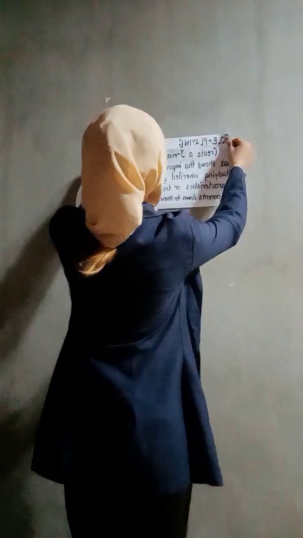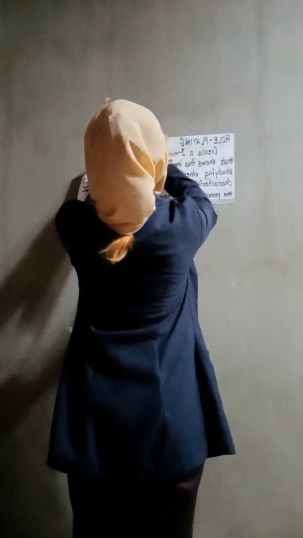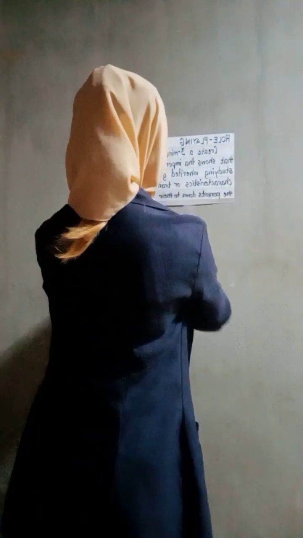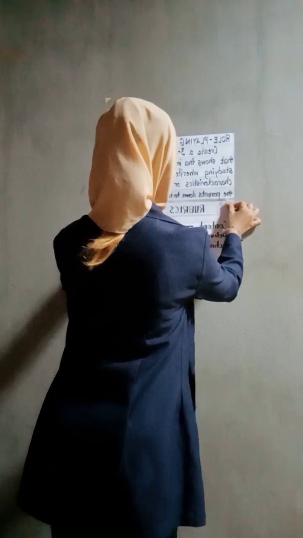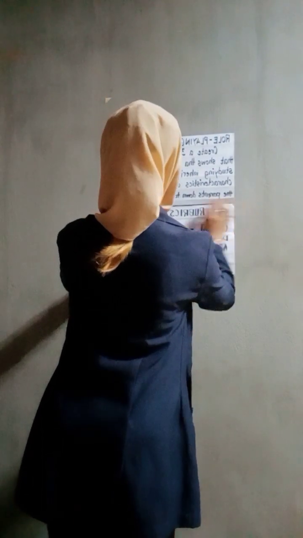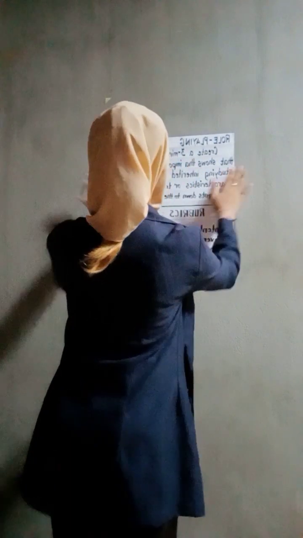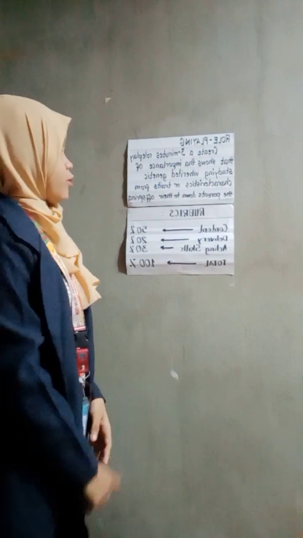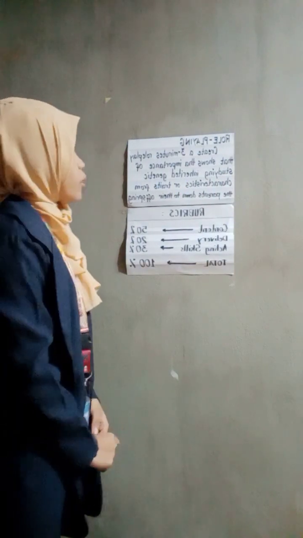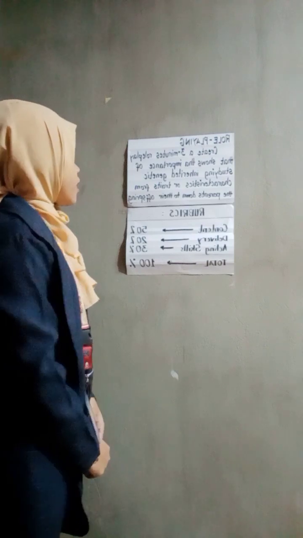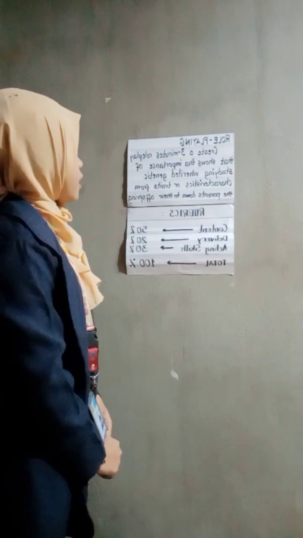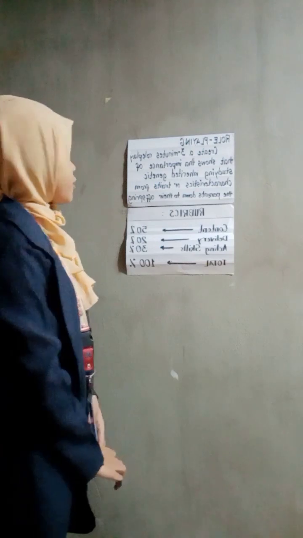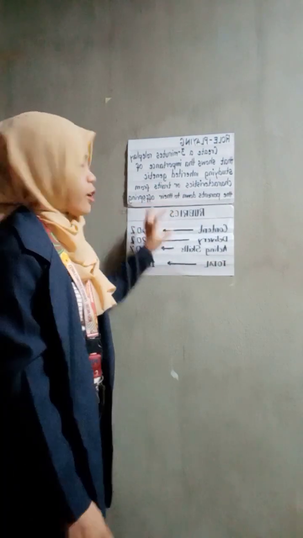Okay, class. Now we have an activity. We have a role playing. Create a 3-minute role play that shows the importance of studying inherited genetic characteristics or traits from the parents down to their offspring.